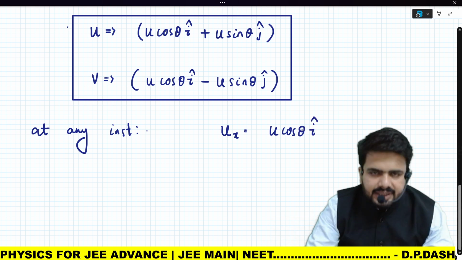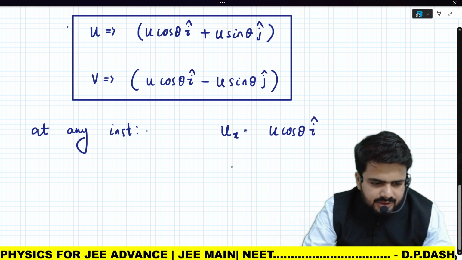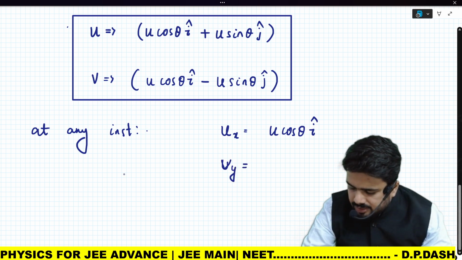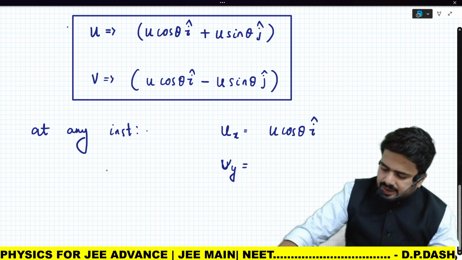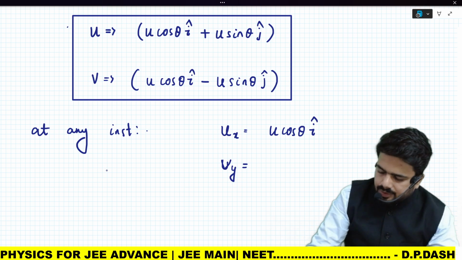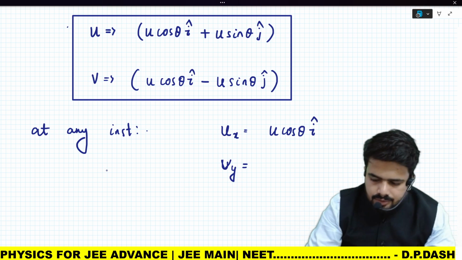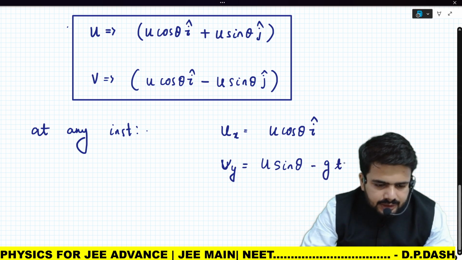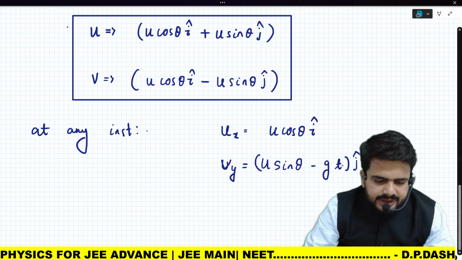This will never change throughout the projectile motion, it remains constant. Similarly, the velocity along the y-axis at any instant would be u sin theta minus gt into j cap.